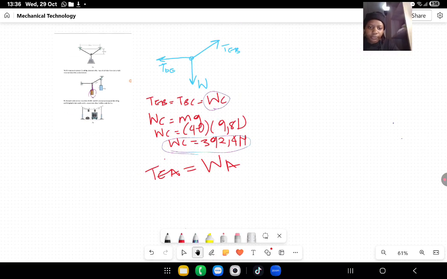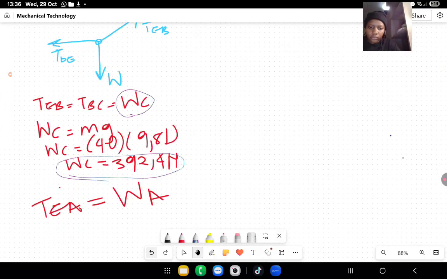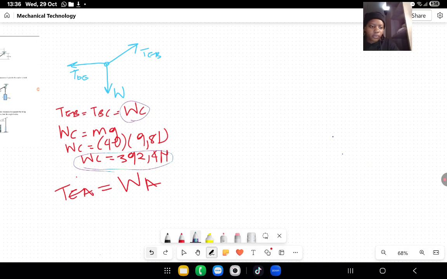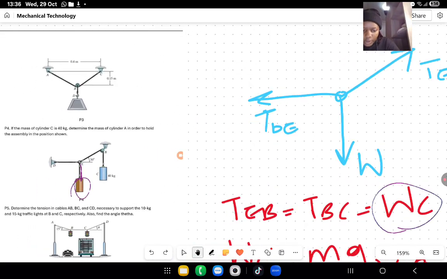Now that we have this, we can find our tension at A. So now we will calculate, let me go back to this diagram, using our E here.